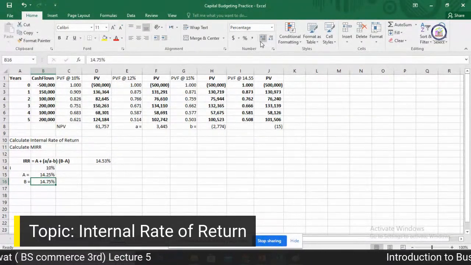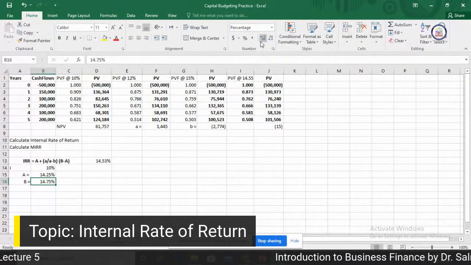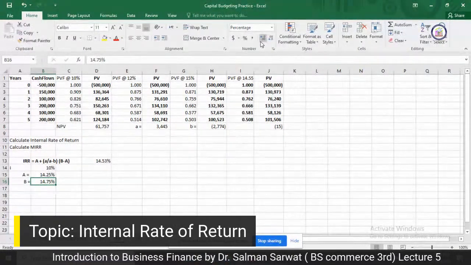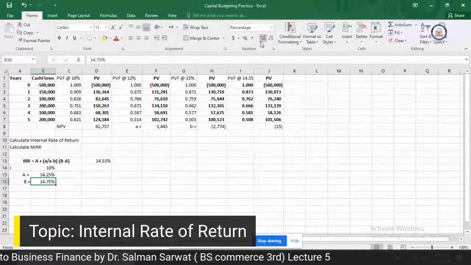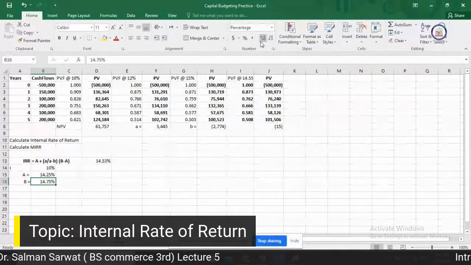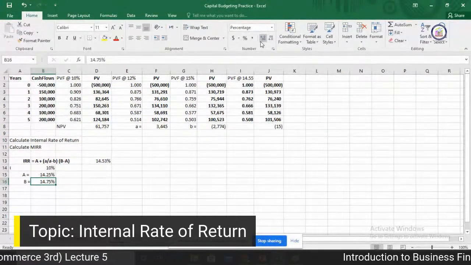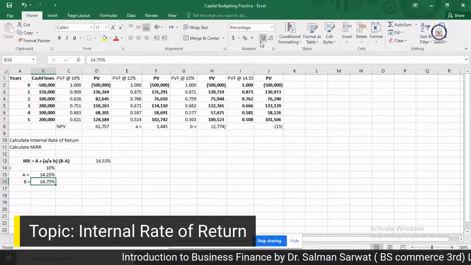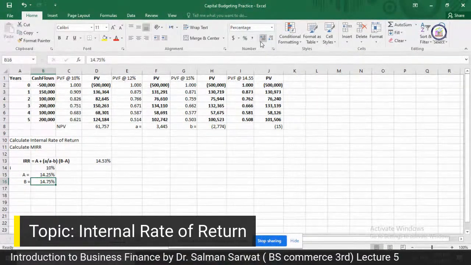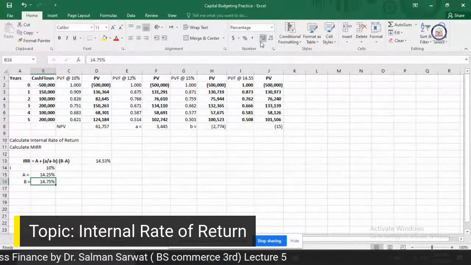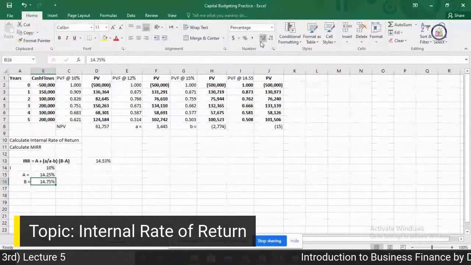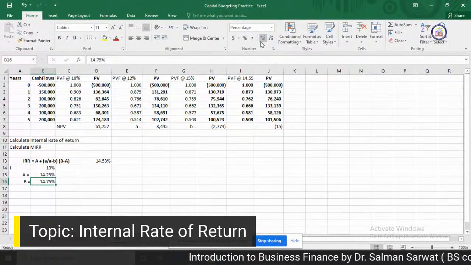I will repeat the whole process for the students, just summing up. First of all, we should be very clear what IRR is. IRR is the rate at which you will get zero net present value from a project, from an investment. This is the definition of IRR. Now the second step is how we are supposed to calculate IRR. The best way is to apply the trial and error method.